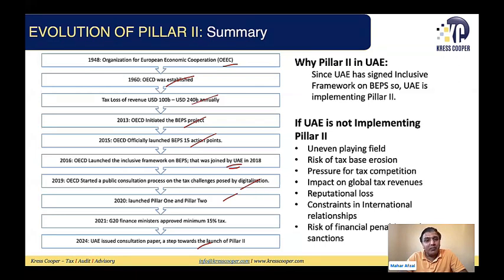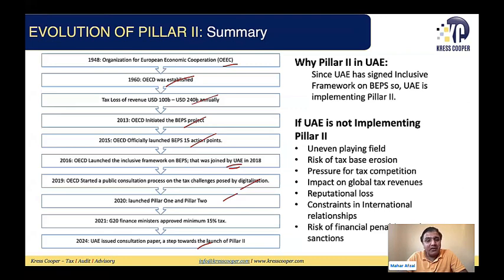Moreover, as you know, the big international powers can ask for some sort of penalties and sanctions. It's not only a matter for the UAE, this is for the global community. Whoever is not joining the pillar two or the inclusive framework might face reputational loss as well, risk of penalty, as I mentioned, risk of sanctions as well.